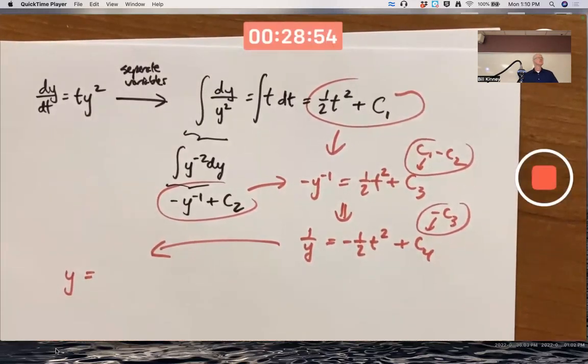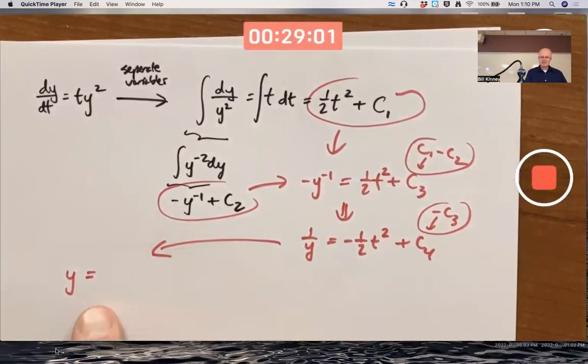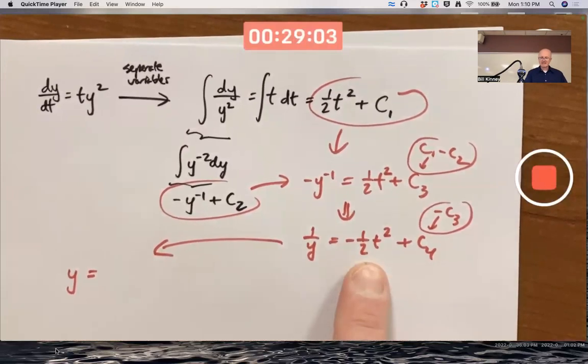Be careful. It's common for people to make a mistake at this point and think that the answer has got to be, I guess I take the reciprocal of that and get negative 2t to the negative 2 plus 1 over c4. No, that's wrong. Not allowed. Not an algebra rule that you can do that.